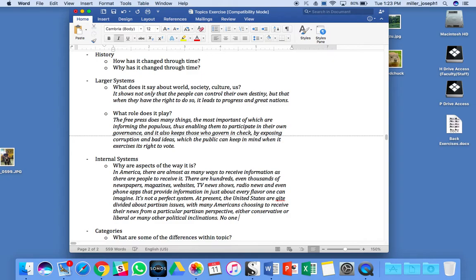No one ever said democracy was easy. But consider the alternative. What would it be like to live in a country where all the news, all information comes from the government?